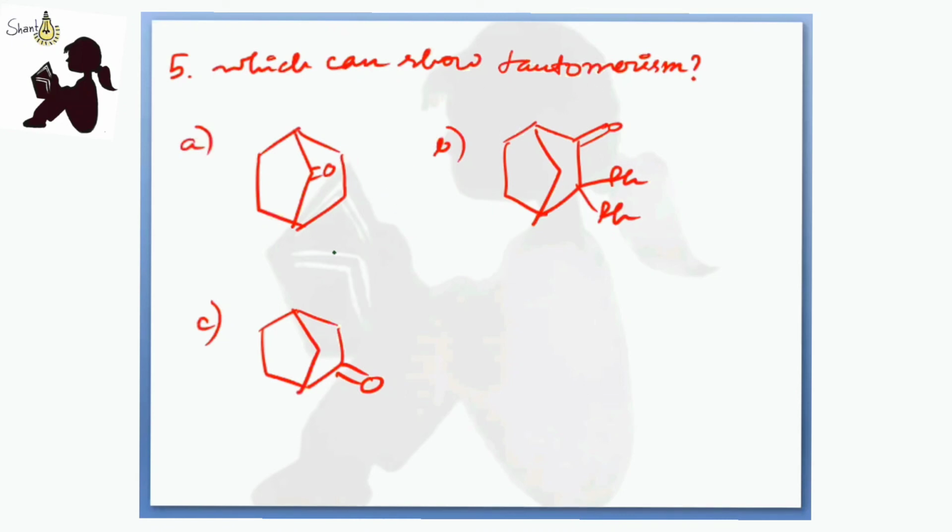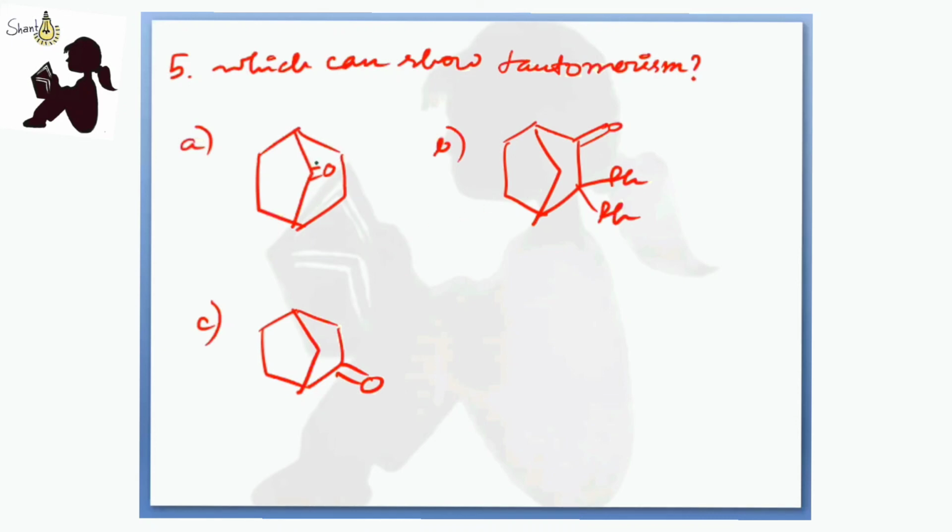So again we have to find alpha H2. But to find alpha H2, we have to know one thing, that alpha H2 can be present on the bridge bond. That is, this is called a bridge bond. So alpha H2 can be present here. Okay, so let's see.